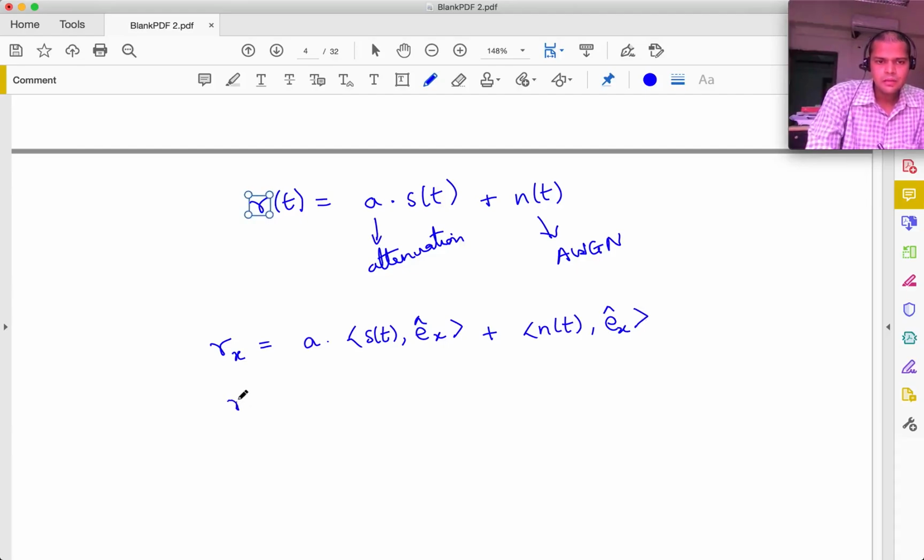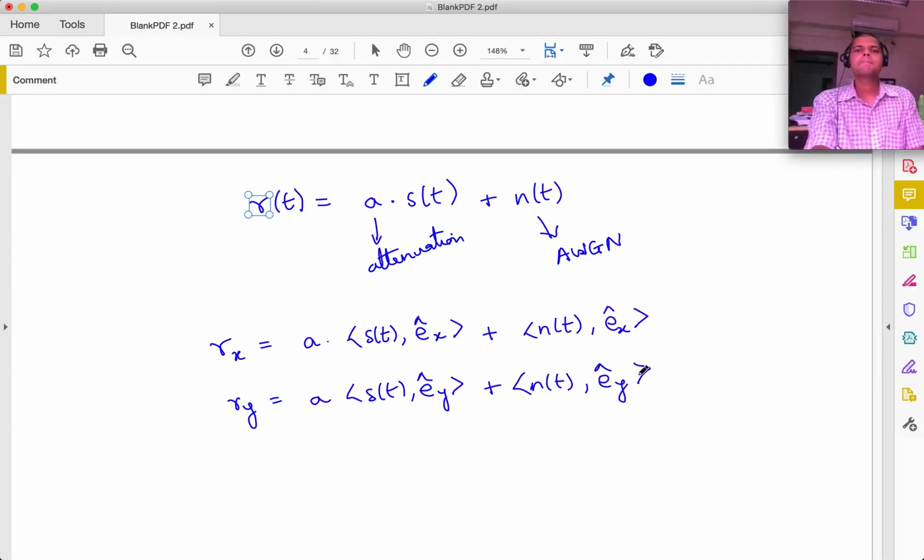And similarly the y component is the dot product with y. I'm going to call this nx and this ny.